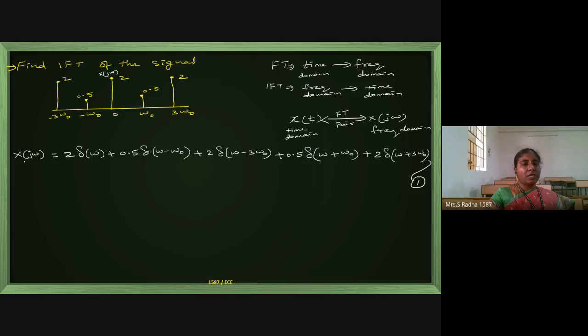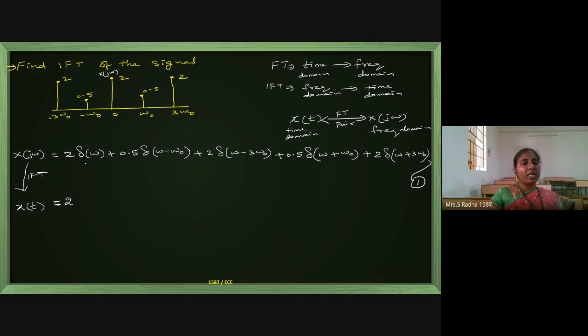Okay. Now what I will do, I have to apply inverse Fourier transform and find the time domain signal. Time domain signal is represented by x of t. X of j omega frequency domain means time domain is x of t. Now constants will not have any time domain or frequency domain.